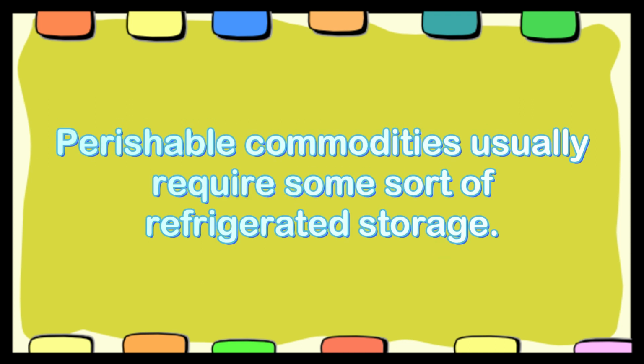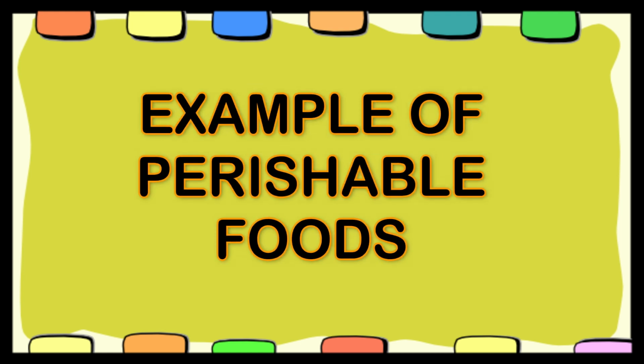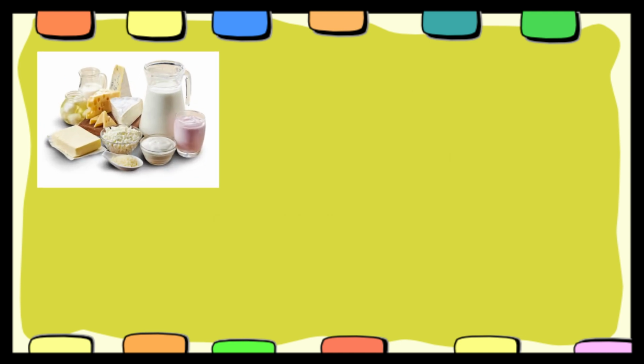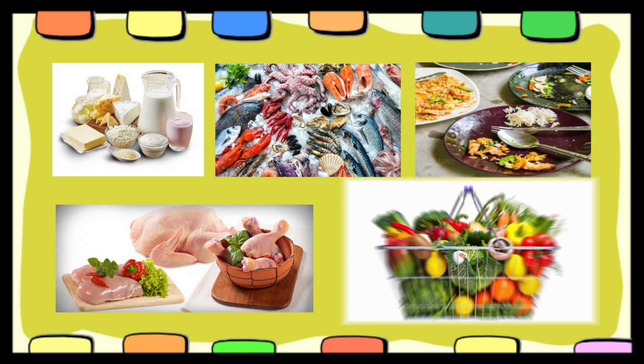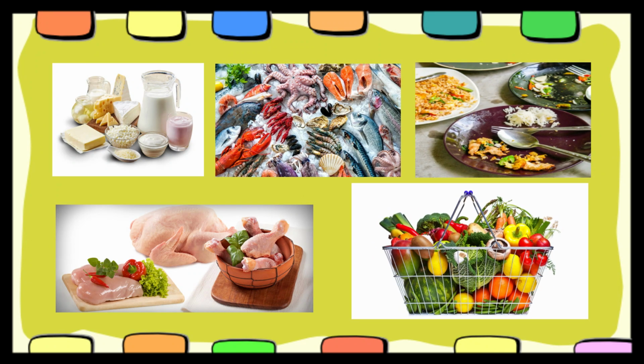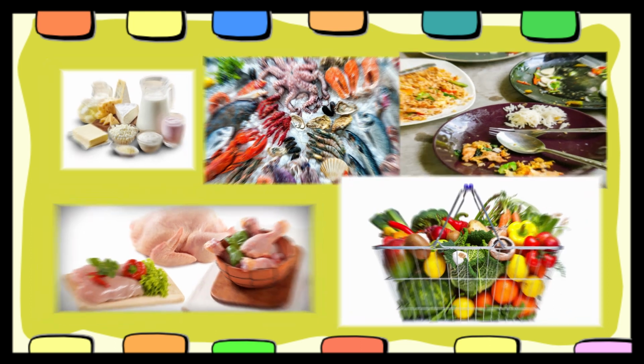Perishable commodities usually require some sort of refrigerated storage. So these are the examples of perishable goods. We have dairy products and eggs, meat and poultry, seafood, cooked foods and leftovers. And we also have fruit and vegetables.